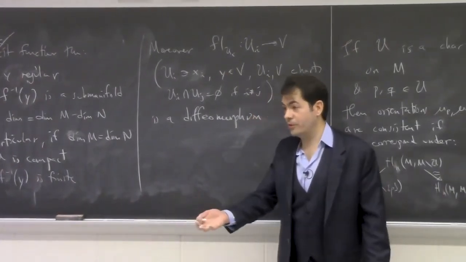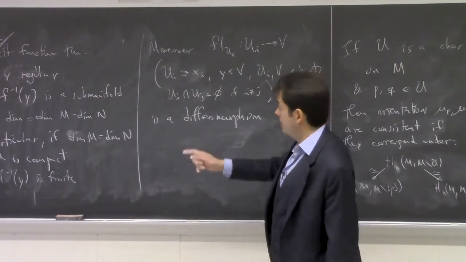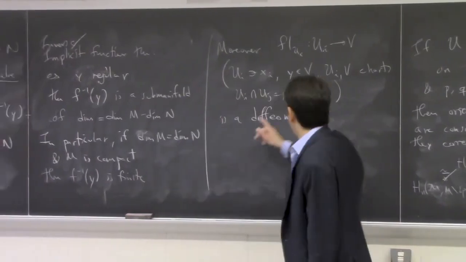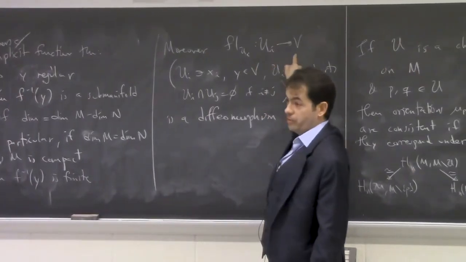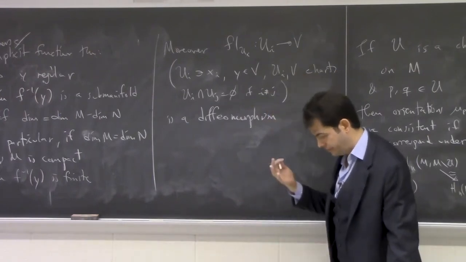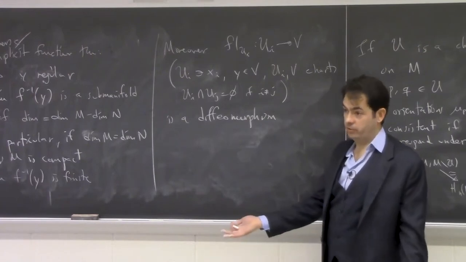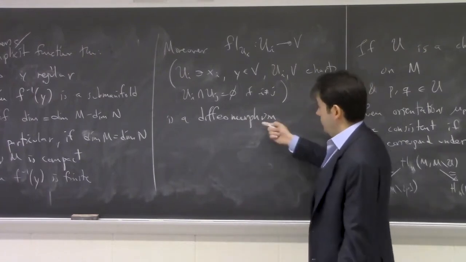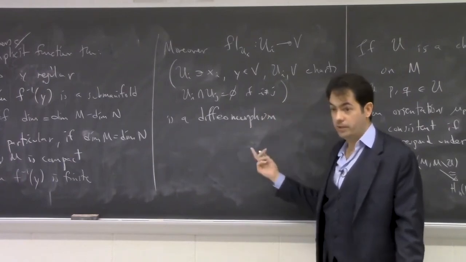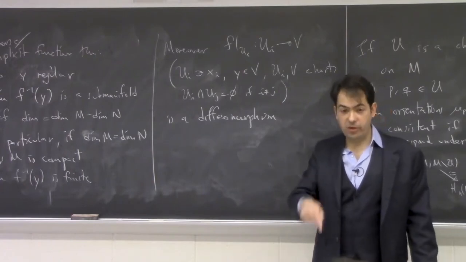Okay, so this is the situation I was talking about last time. If you have a regular value and the manifolds have the same dimension, then the inverse image is finite and you have a diffeomorphism between neighborhoods, right? As we saw, a homeomorphism has local degree either 1 or -1, because it has an inverse. And a diffeomorphism is a homeomorphism, so it has local degree 1 or -1. So you just count the inverse image of a regular value with a sign.